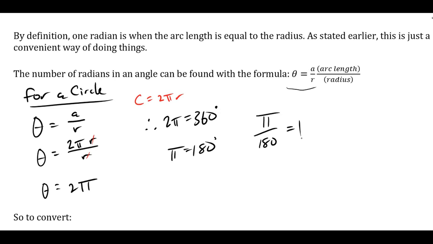So believe it or not, that's what I did right there. I took pi radians, which is half a circle, and said, well, what if I split that into 180 equal pieces? So divide by 180. Then that's going to be 1 degree. So pi divided by 180 is equivalent to 1 degree. If you can remember these reference points, then no matter what, you can always convert from one to the other.